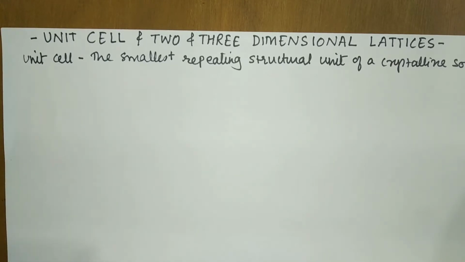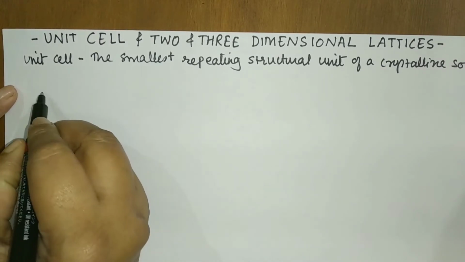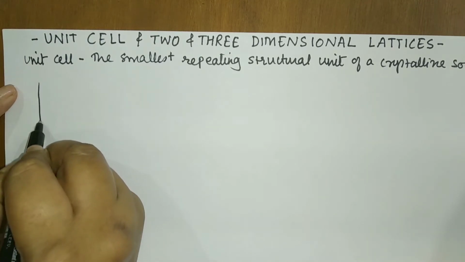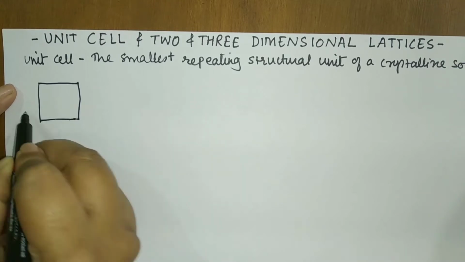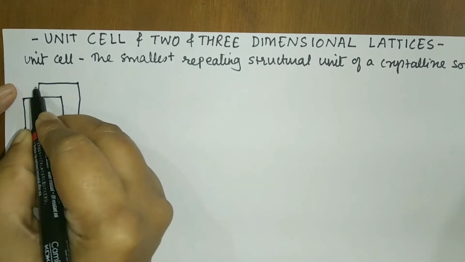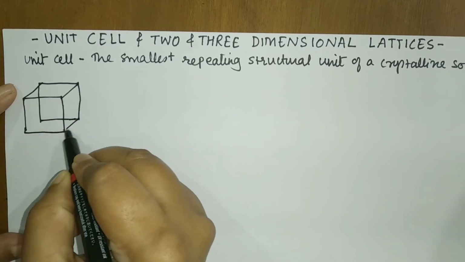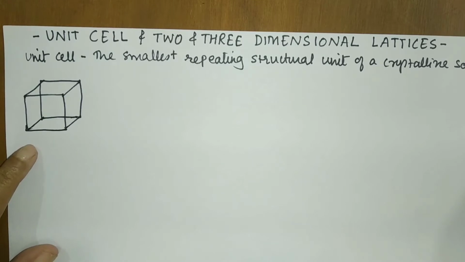Now let us first understand what is the structure of the unit cell and how the unit cell looks like. So simply, the unit cell is like a cube. If I want to show the unit cell, it looks something of this type. Now this is the basic repeating structural unit which is repeated over and over.